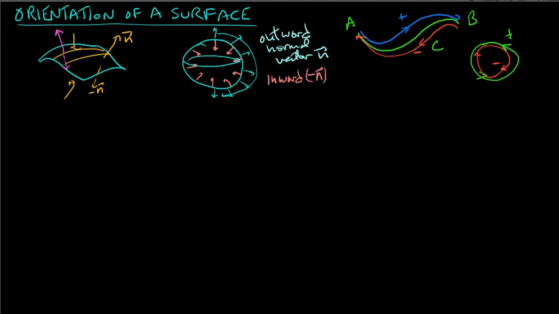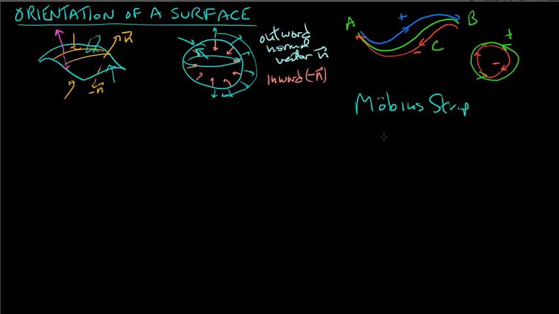And to make matters worse, there are some surfaces that don't have an orientation. In other words, they don't have two sides. They don't have an inside and an outside, or a top surface and a bottom surface. It's all one side. A good example of this is the Mobius strip.